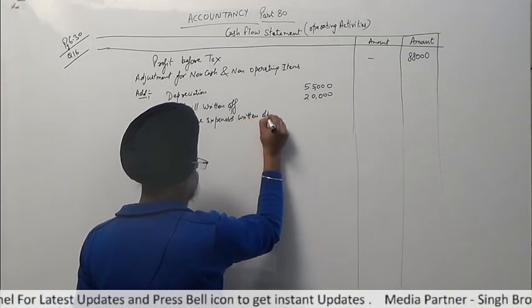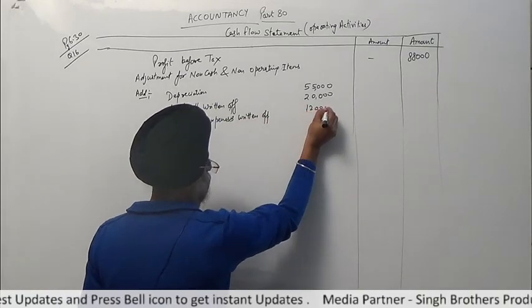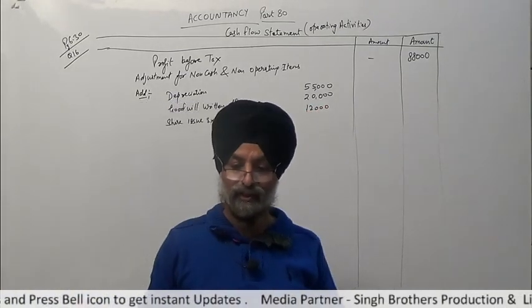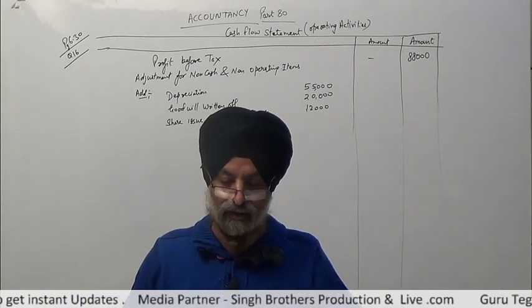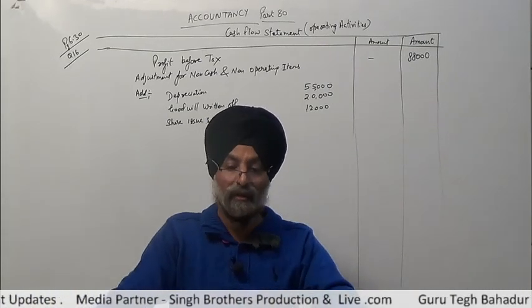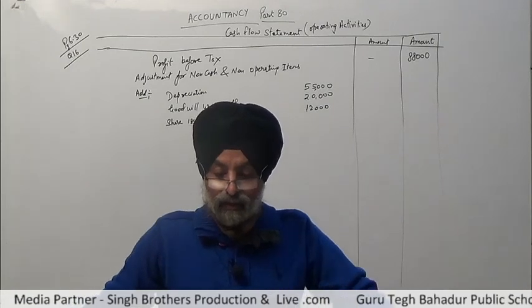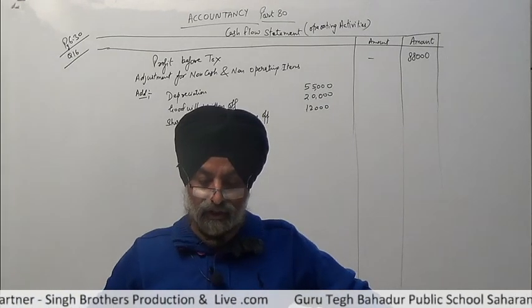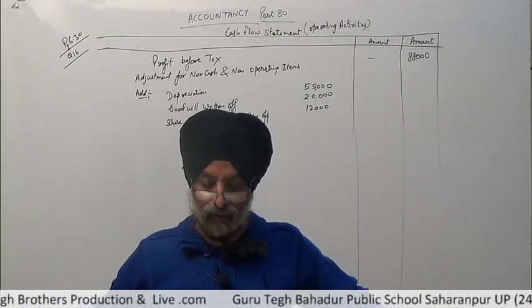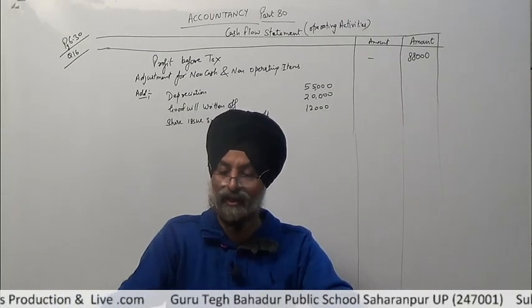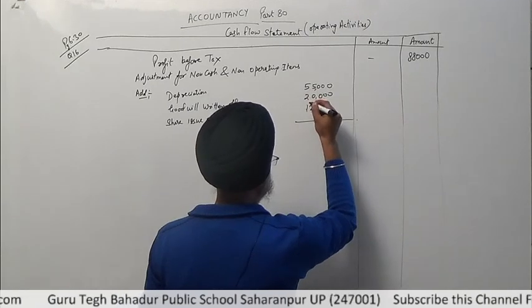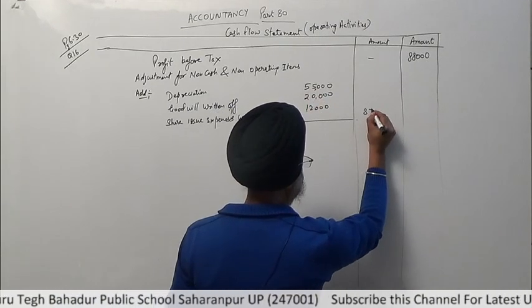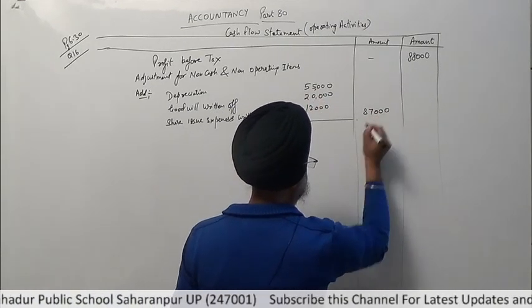Students, all other expenses are also given under the heading of other expenses. Selling and distribution expenses are also given, but they are not non-cash. Goodwill, depreciation, amortization are all non-cash items, so we take only these items in the addition column. The total is 87,000.